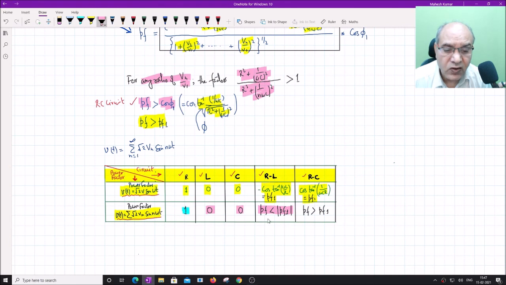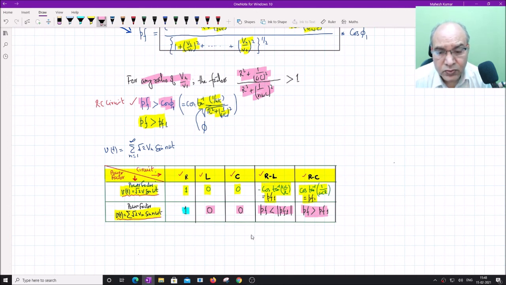So basically cos phi is less than cos phi 1. I have put the mod because the negative sign is here. For RC circuit the power factor is greater than power factor 1. So you see the power factor changes for the same circuit when there are harmonics in voltage and current.